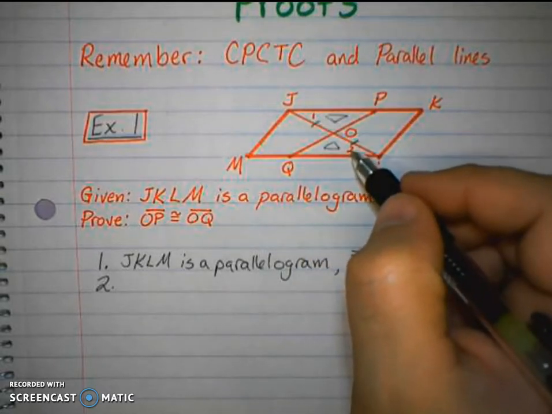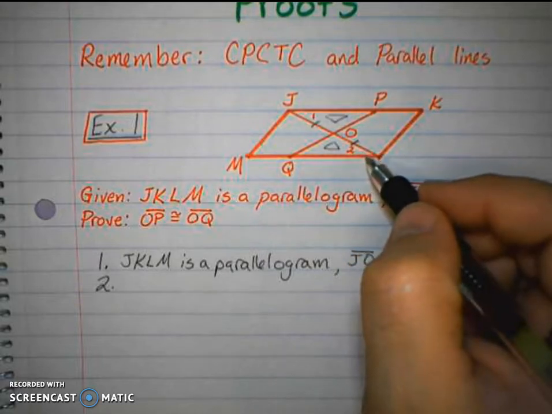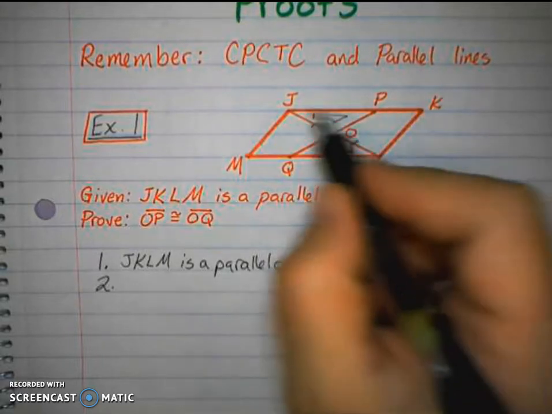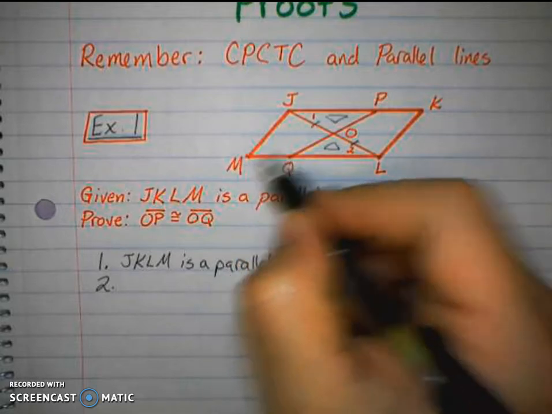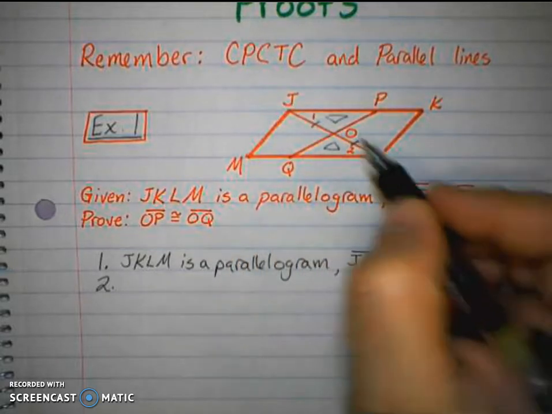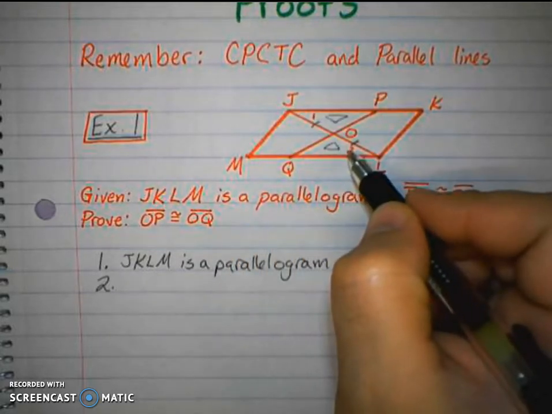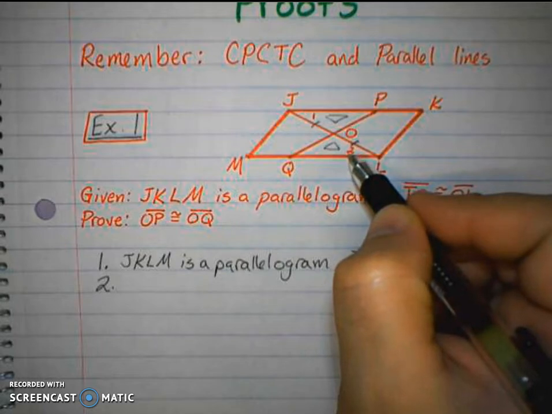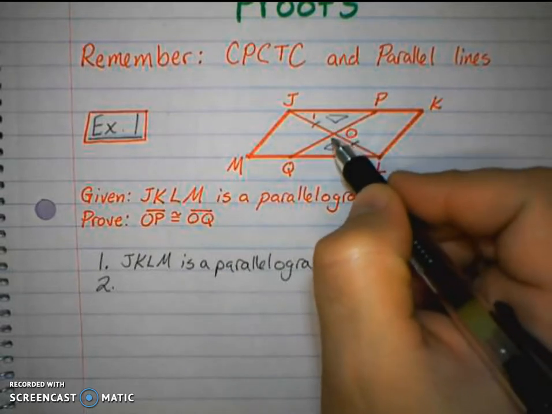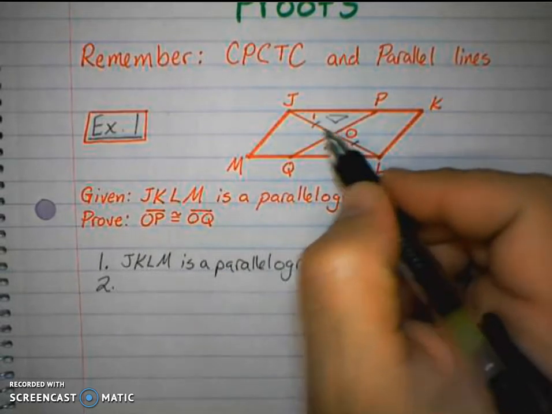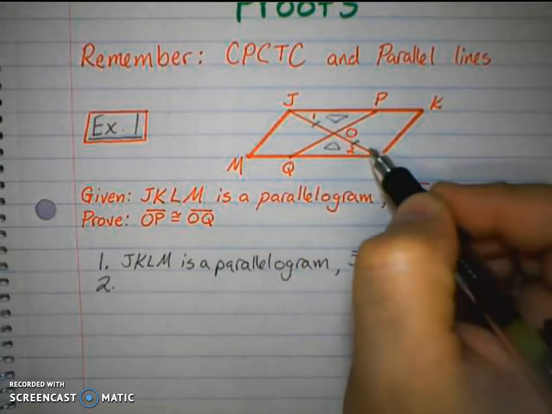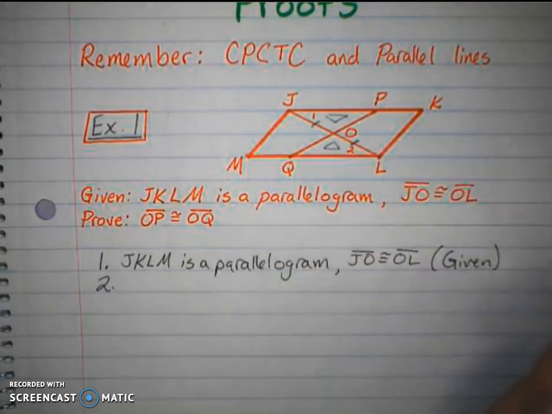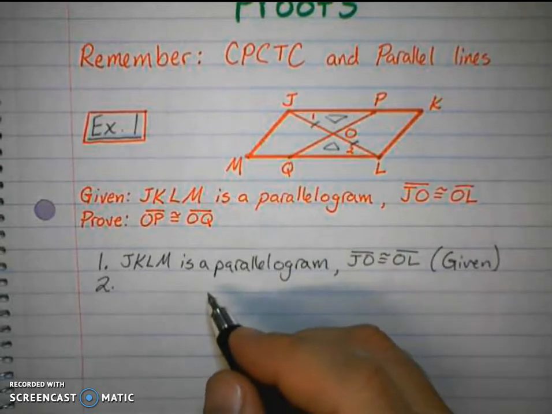Now, they're not given to us as congruent angles, but remember, we have parallel sides, JK and LM, because it's a parallelogram. And then that makes JL a transversal. So 1 and 2 have to be congruent by alternate interior angles. And then we also have vertical angles here that are congruent. And then the given sides are congruent would make it angle side angle congruent to angle side angle. So that's what we're going to do to prove the triangles are congruent.